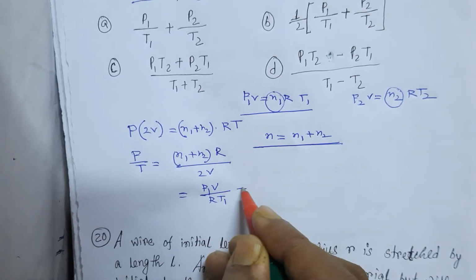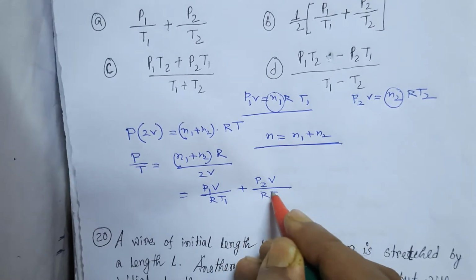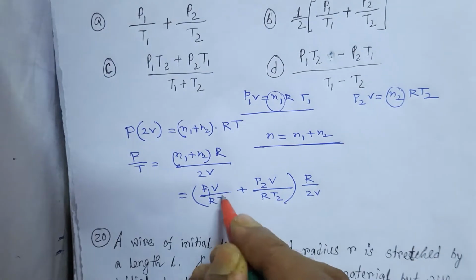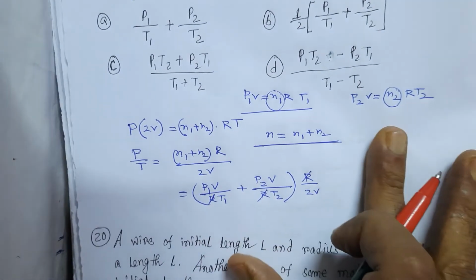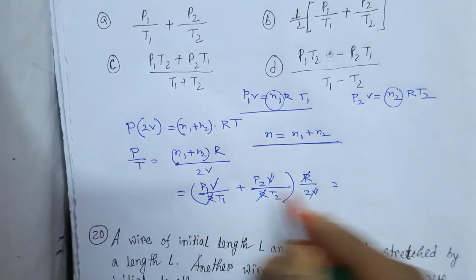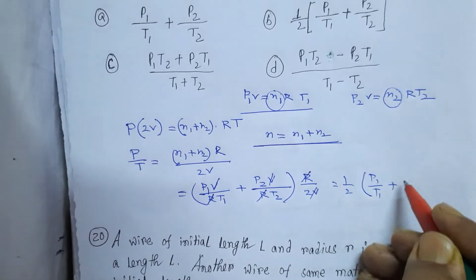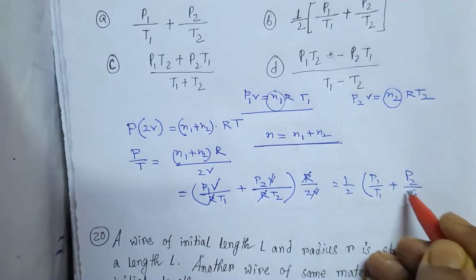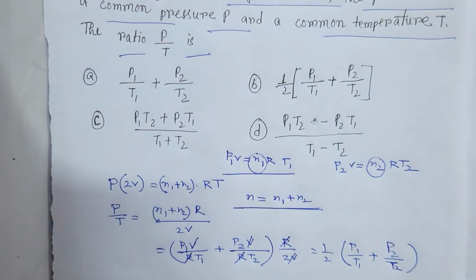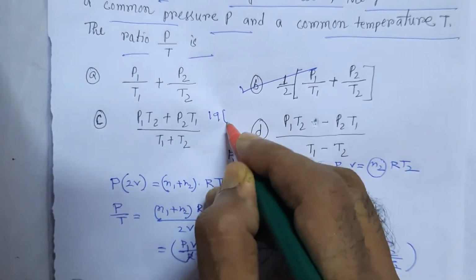What is N2? Plus P2V/RT2, into R/2V. R cancels out and V will also cancel out. Then this equals half into (P1/T1 plus P2/T2). So our correct choice is B. So the correct choice for question number 19 is B.